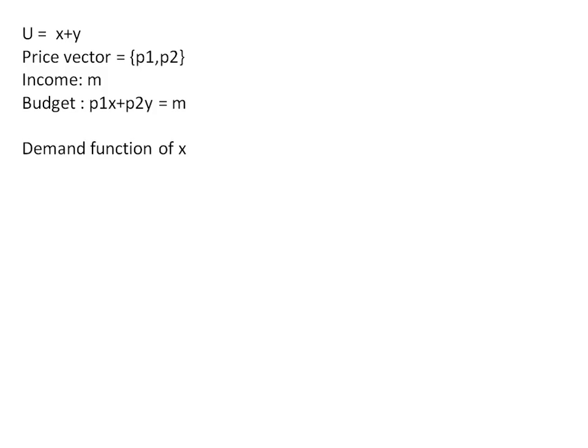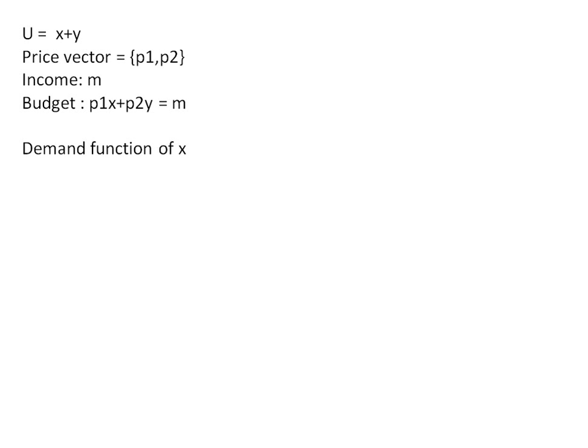Demand function for X. Remember that this is the case of perfect substitutes, so you will consume more of the commodity which is cheaper. If the price of tea is less than the price of coffee, and since these two goods are perfectly substitutable to you, you will consume more of tea.